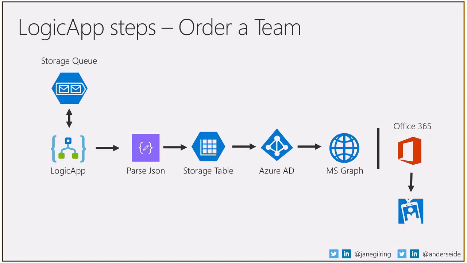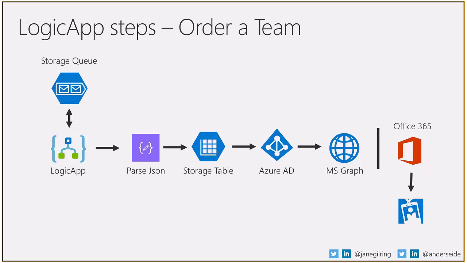A Logic App is monitoring the queue and will pick up the message and parse it, and do a request to Azure Table Storage to get the identity that was stored to the table in the Flow.